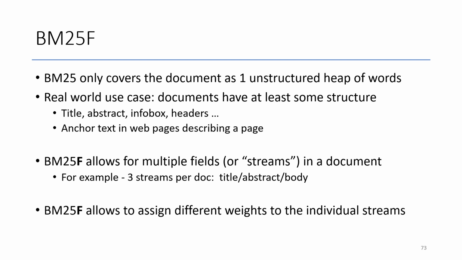For example, you can think of a news article or a publication as having 3 streams: a title, an abstract, and a body. And now BM25F allows you to assign different weights to the individual streams. So you can increase the weight of the title and the abstract, for example.